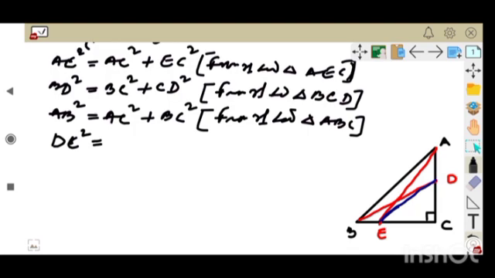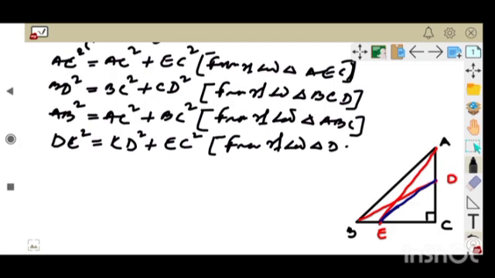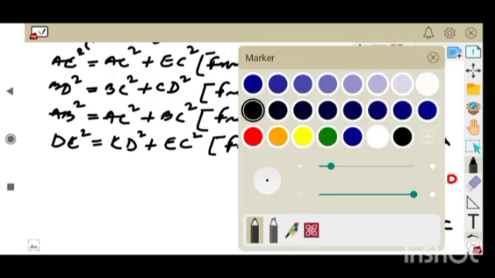You can say here DC, or you can say CD. Okay, CD square plus EC square. And here we have to write from right angle triangle, what is that? DEC. And here I'll give equation number 1, 2, 3 and 4.